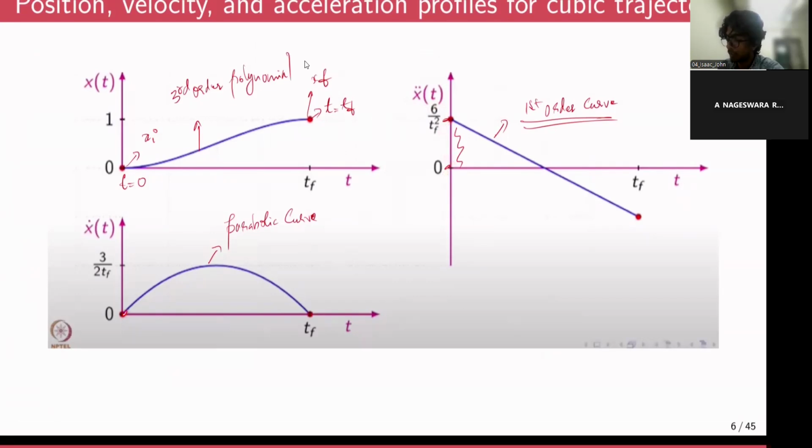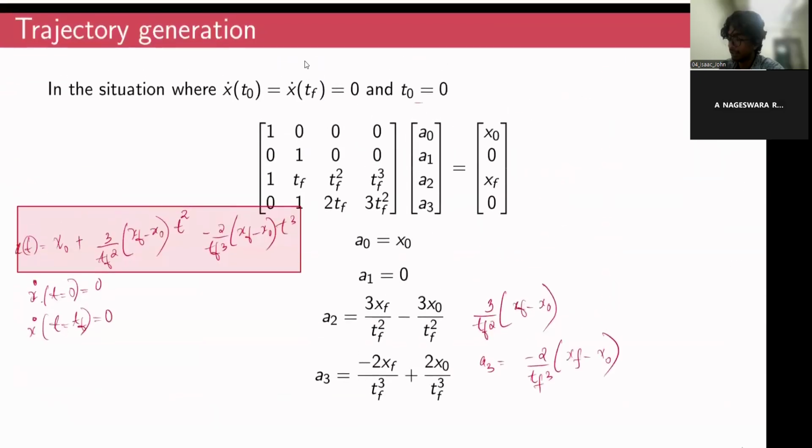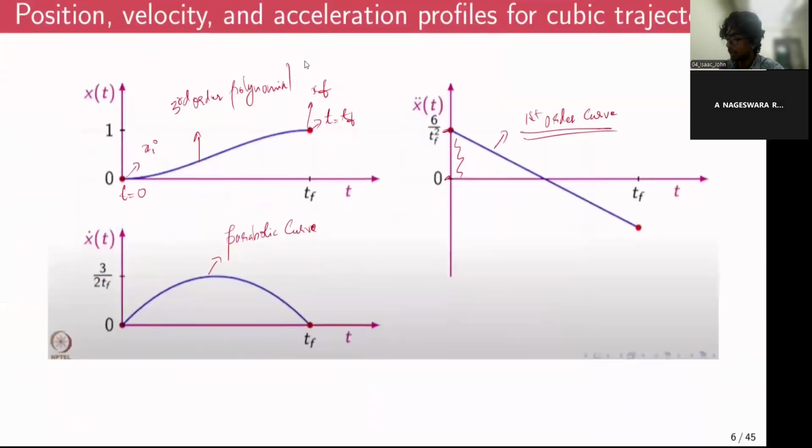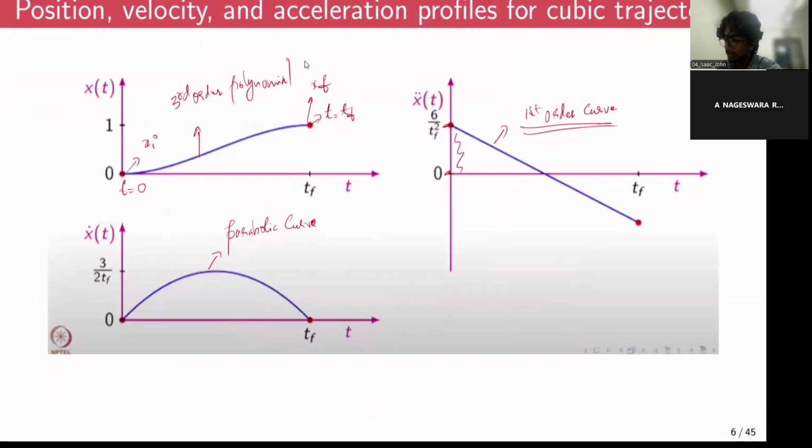And if you again do the same thing, if you take the derivative of this position and try to find out the velocity, the maximum velocity, then you will be able to get the expression for maximum velocity. As you can see, the maximum velocity occurs at time t equals tf by 2, and that is also where you have 0 acceleration.